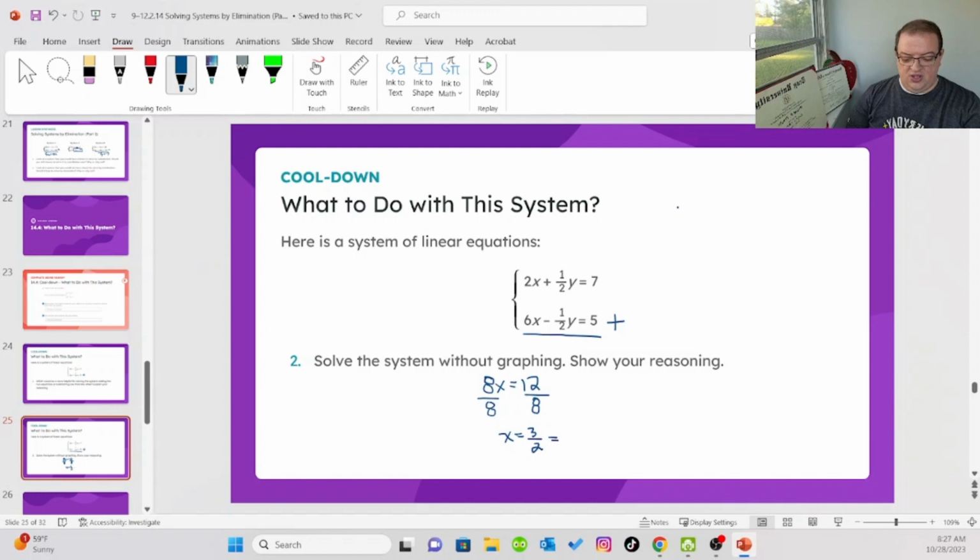x equals 3/2 or 1 1/2. Now that I know the x value, I can substitute that back into either of these equations on top. So I could say 2 times 1 1/2 plus 1/2 y equals 7. 2 times 1 1/2 is 3.